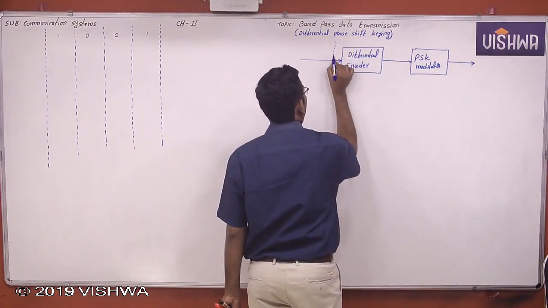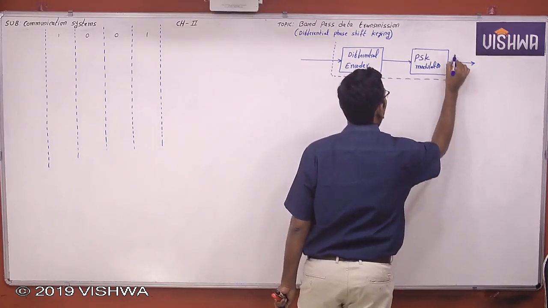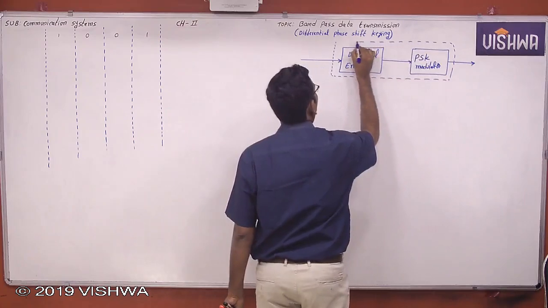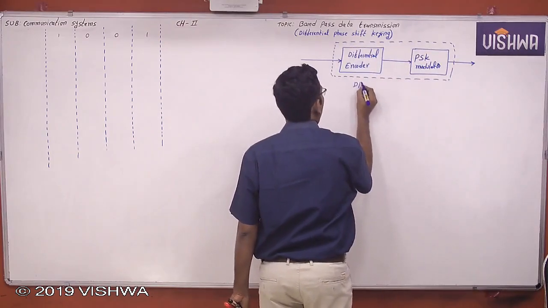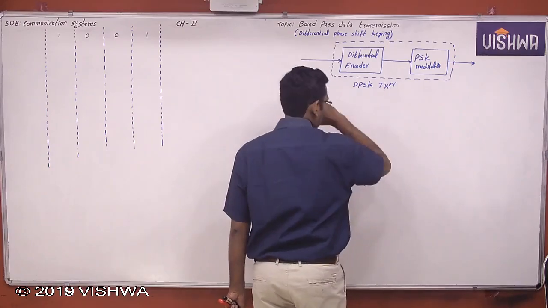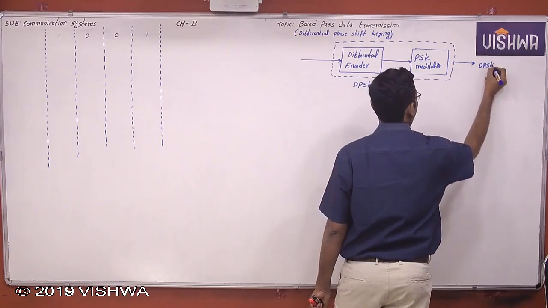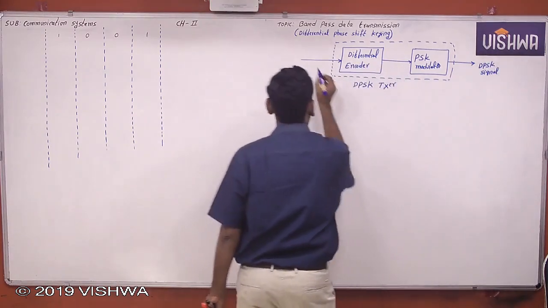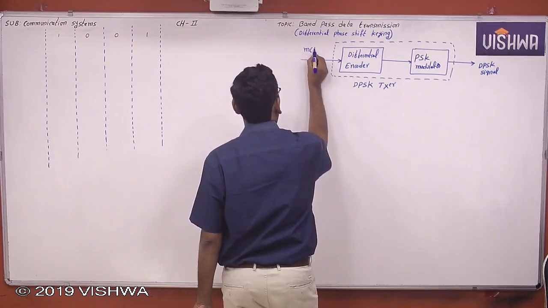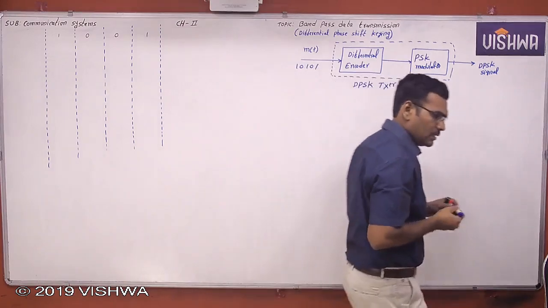This is nothing but the DPSK transmitter. The output is the DPSK modulated signal, produced after the differential encoder.